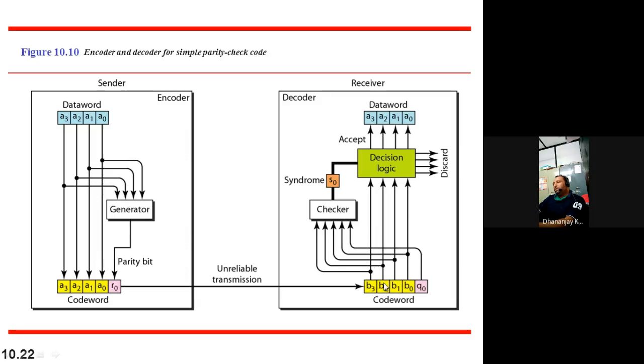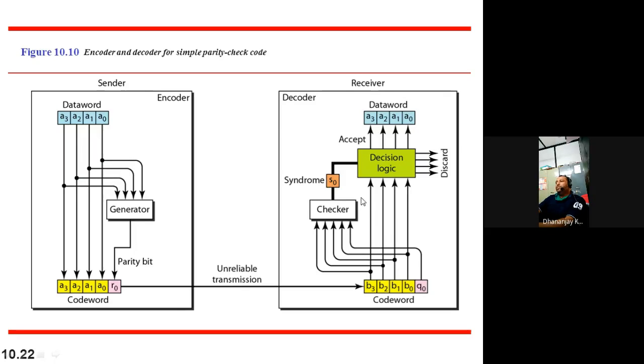If it is exactly the same, then this data can be forwarded to the receiver directly, and it will be referred to as A0, A1, A2, and A3. Whatever data is available at the receiver side, the same will be available at the transmitter side.